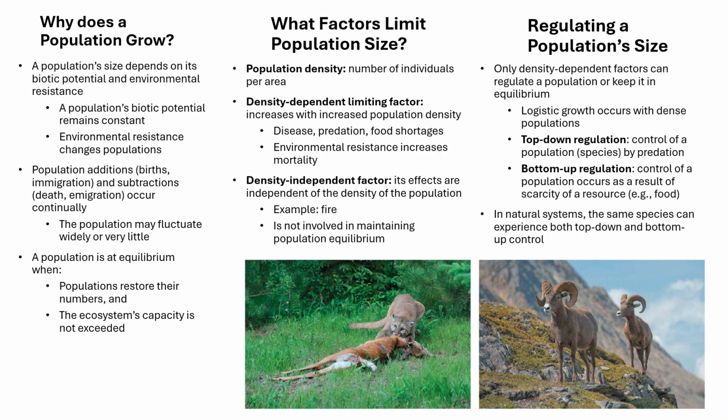And then you have the mechanism of top-down regulation. Typically that's when your predator controls a population of prey. And then you have the bottom-up regulation. Typically, it's when you have the food source that is limiting the population of the organisms that rely on that food source. So in natural systems, a species can experience both top-down and bottom-up control.